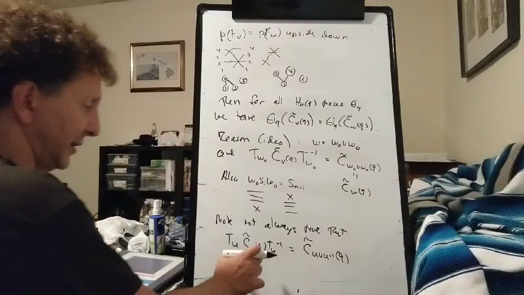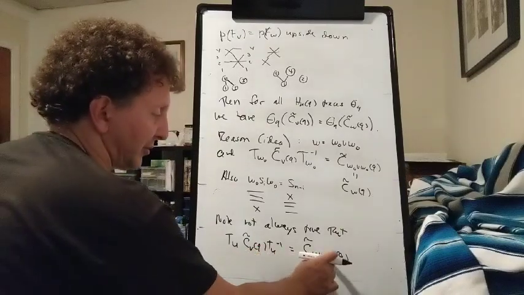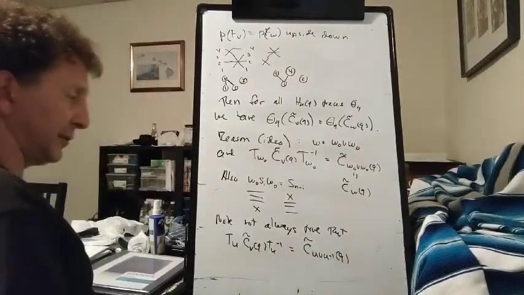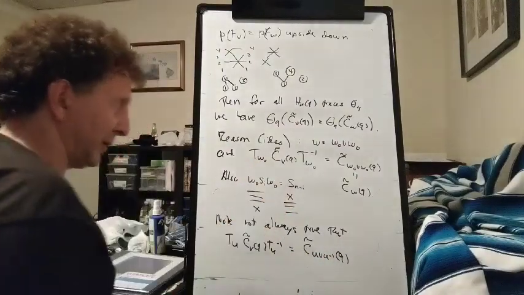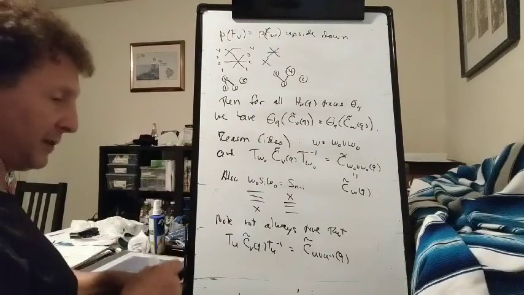So conjugation in the Hecke algebra does not correspond in general to conjugation in the symmetric group for the subscript here. It just happens to work that way when W naught is the longest element in the symmetric group.